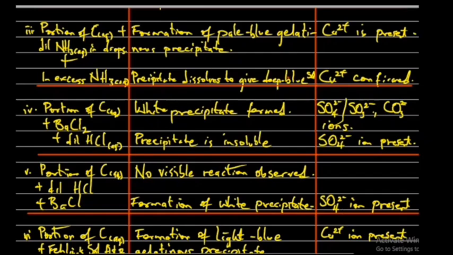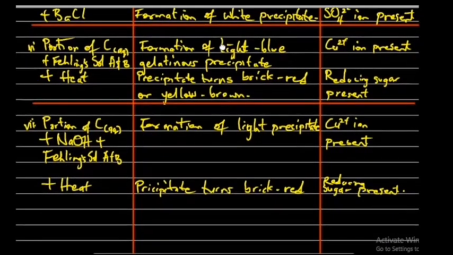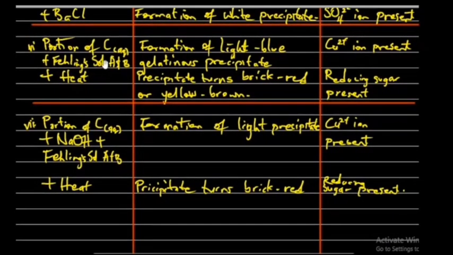We also went further to look at a portion of C with Fehling solutions. When we added Fehling solutions A and B to that substance, there was formation of a light blue gelatinous precipitate. That also confirmed copper 2 ion. And when we applied heat to our portion C plus Fehling solution, the light blue precipitate turned brick red or about yellow brown, and that told us that there was presence of reducing sugar in that substance.